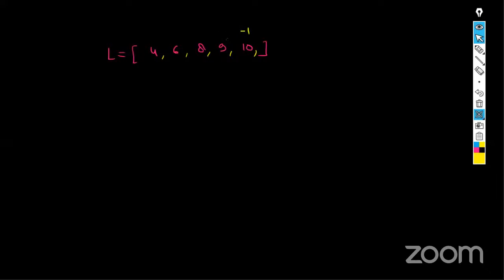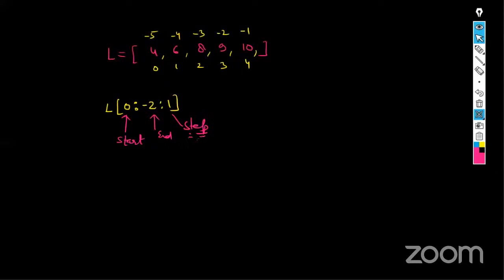Negative indexing will be -1, -2, -3, -4, -5, and positive indexing is 0, 1, 2, 3, 4. Now if I write L with start 0, end -2, and step 1, this is the start, this is the end pointer, and this is the step pointer.